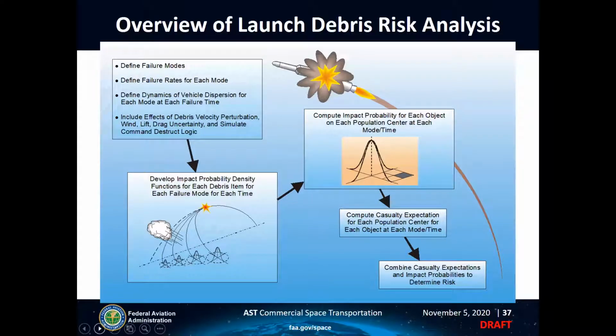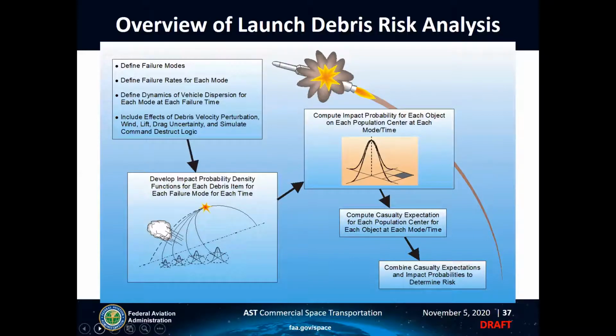There's, in this case, an explosion, and then you'd have the debris falling, and it would fall in these different locations. And there's different probabilities of these different categories of debris falling in those locations. So we compute those impact probability distributions for each object, and for each population center, then you can estimate the probability that a given population center would be impacted.